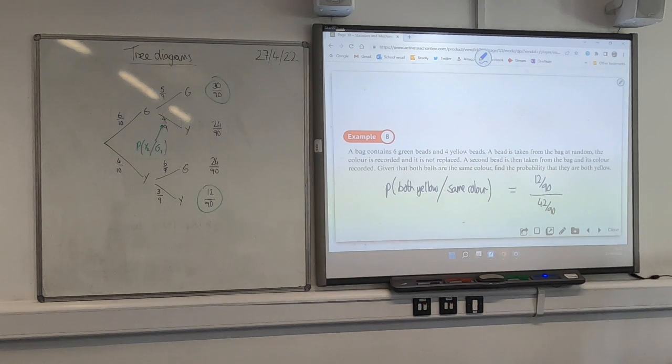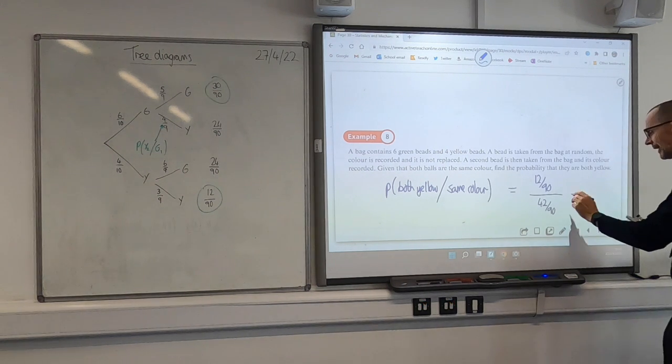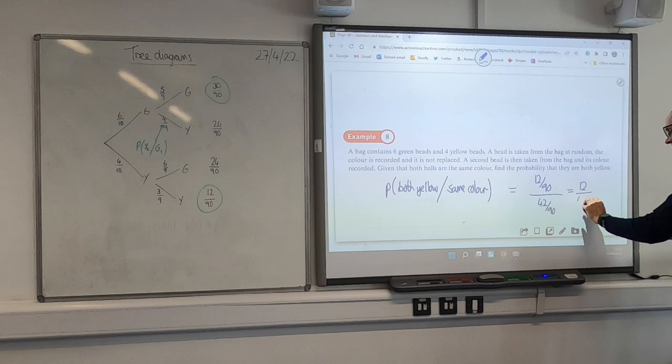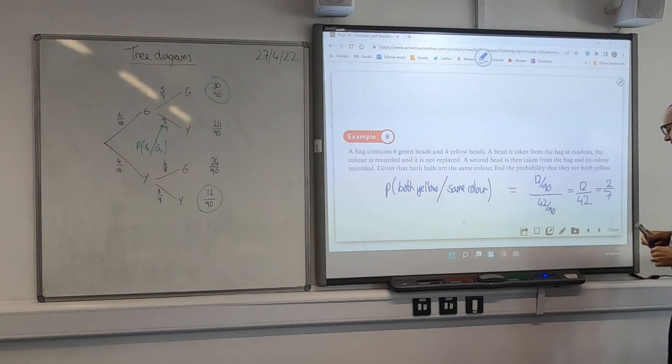Of that, looking at those probabilities only, which part of it involves both yellow? And hopefully you can see that that would cancel to 12 over 42, which would cancel to, is that 2/7? I think it is.